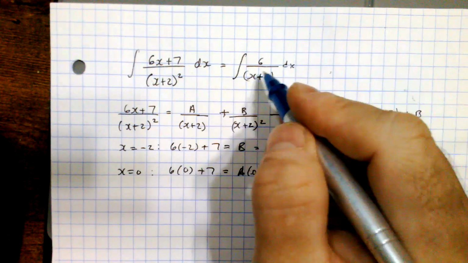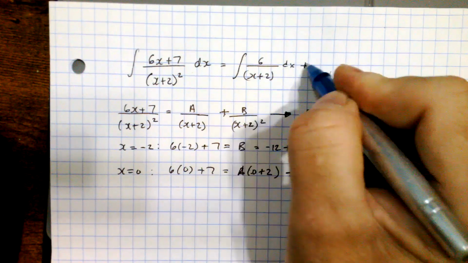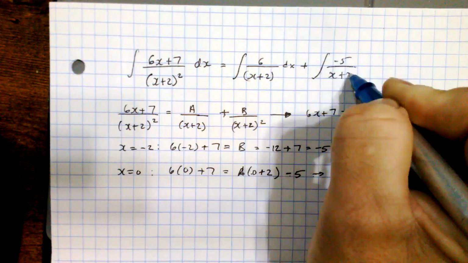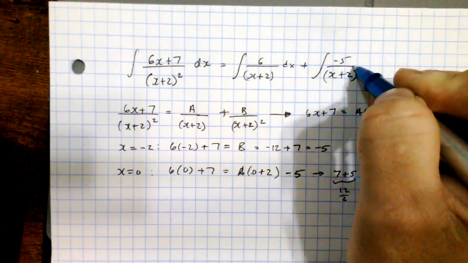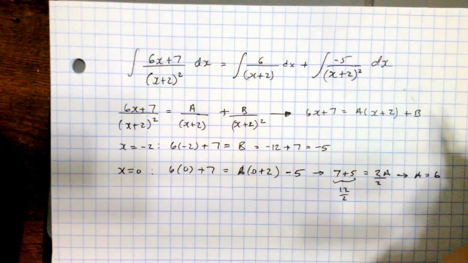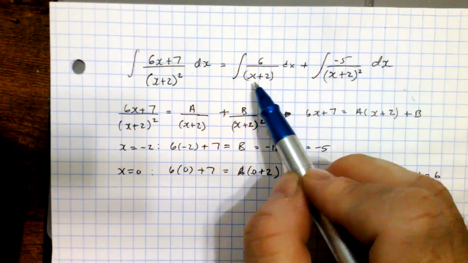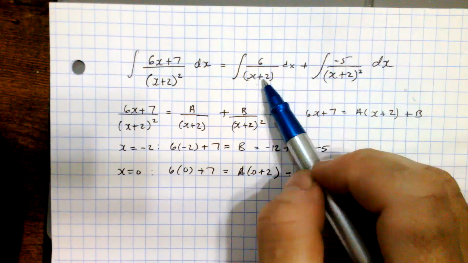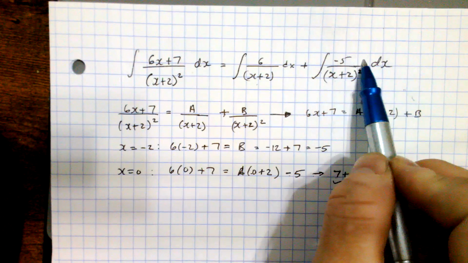And using linearity here, I'm going to have plus, well, b was a negative 5, I should have made that a minus, so -5 over x plus 2. And remember, b had a square, so this is x plus 2 quantity squared dx. What that means is that how we will integrate both of these terms will be different. This is going to be a u-sub with a natural log, and this is going to be a u-sub with a power rule.